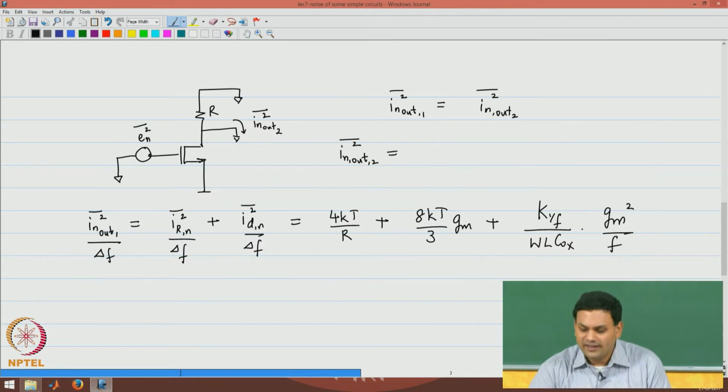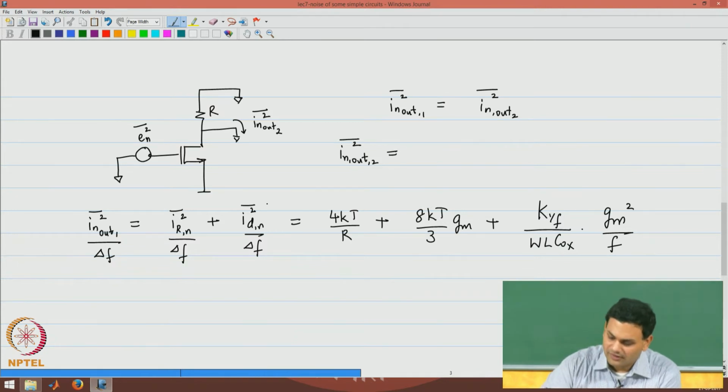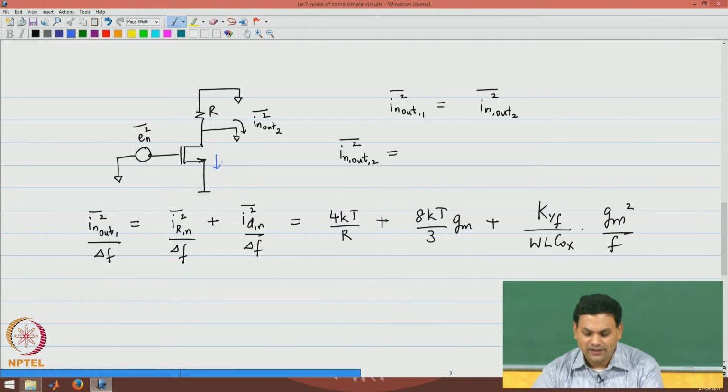So, the noise current in the second case is nothing but Gm squared times En squared, because this voltage En squared is going to cause a current through this MOSFET, which is equal to the transconductance times the input gate source voltage.